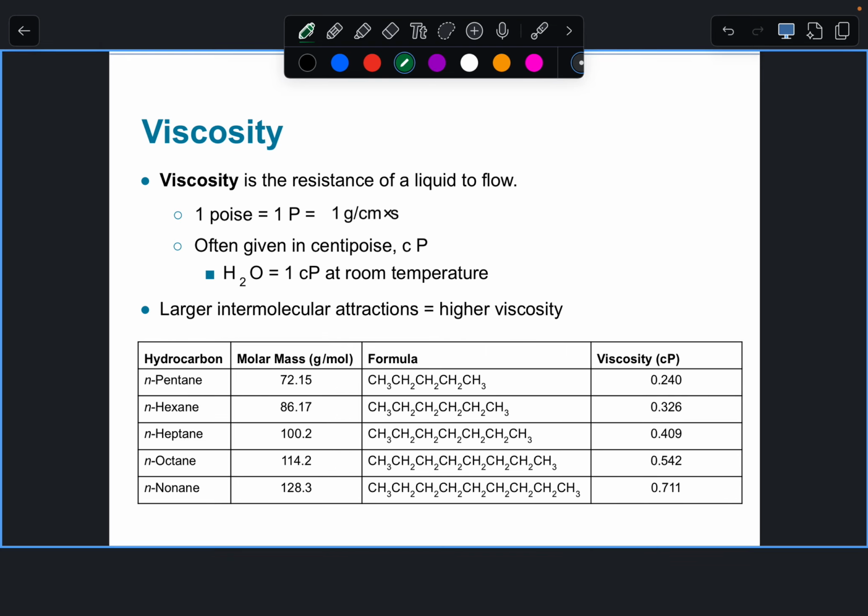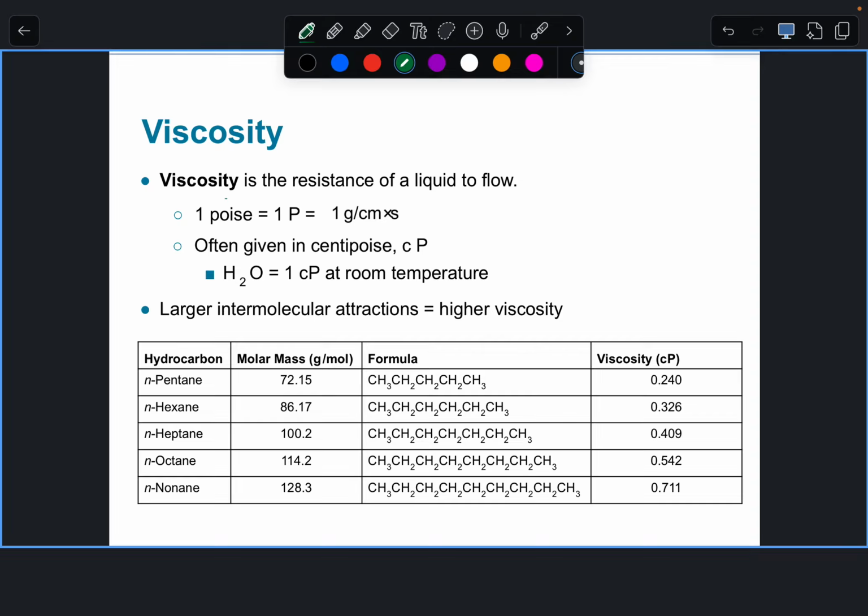Okay, viscosity is basically thickness, how thick something is. If you think of honey and trying to pour honey, it is very thick compared to pouring water. A scientific way of saying that is it's viscous.